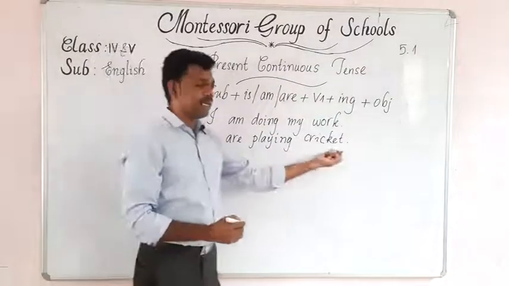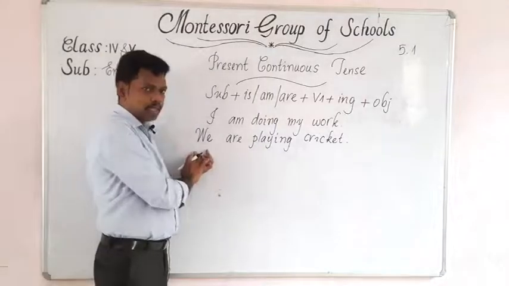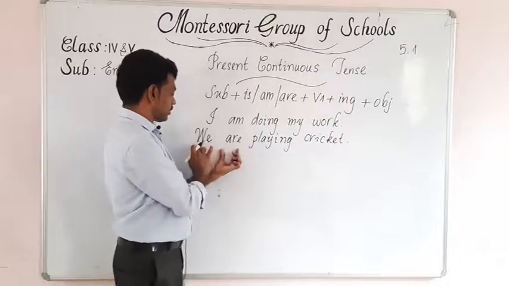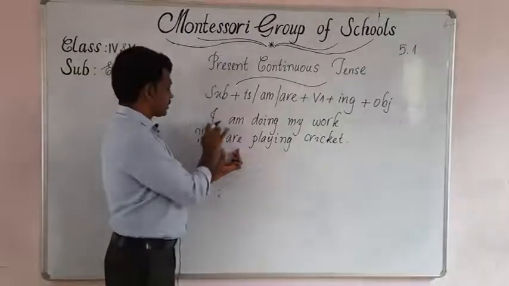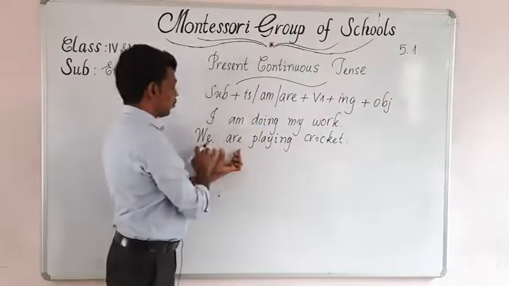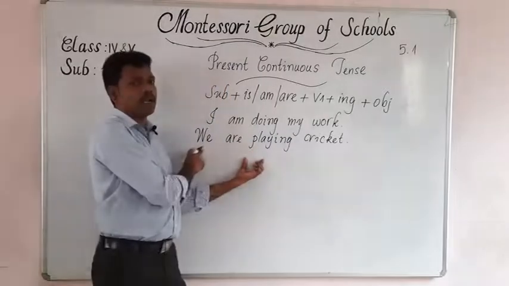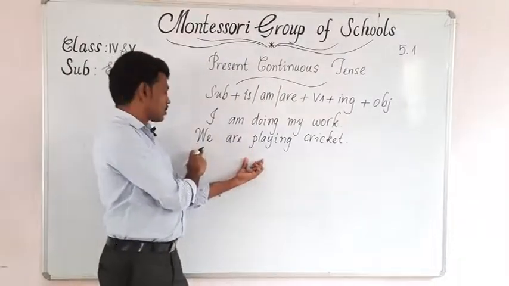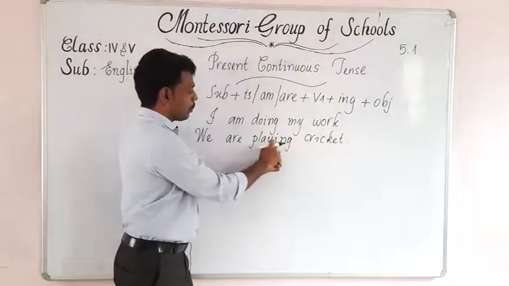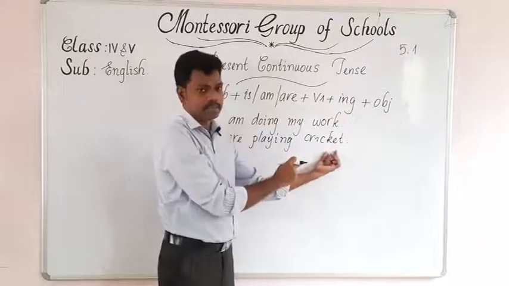Here the subject is we, plural of first person. Since the subject is first person plural, we have taken are. We are playing cricket because the subject is plural here. Subject, are, play plus ing, V1 plus ing, playing cricket.